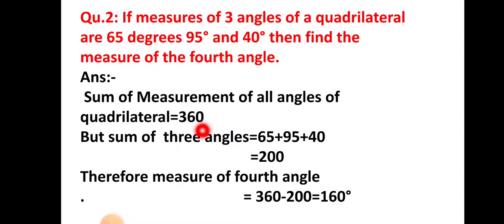Sum of three angles 65, 95 and 40 equal to 200. Therefore, measurement of fourth angle equal to 360 minus 200 equal to 160. 160 is the measure of the fourth angle.